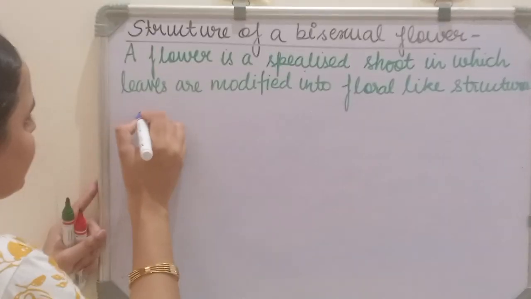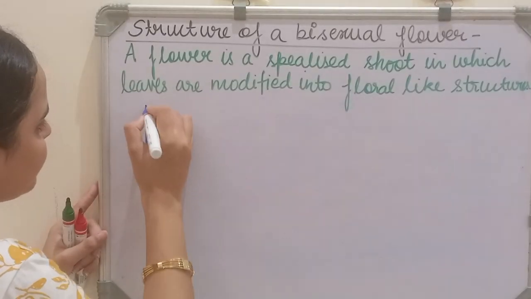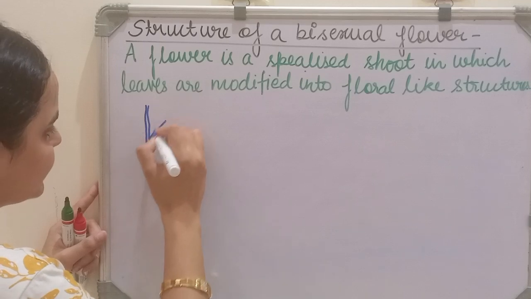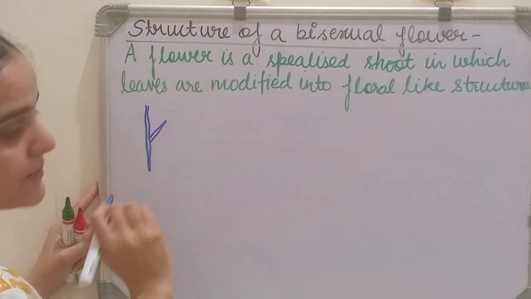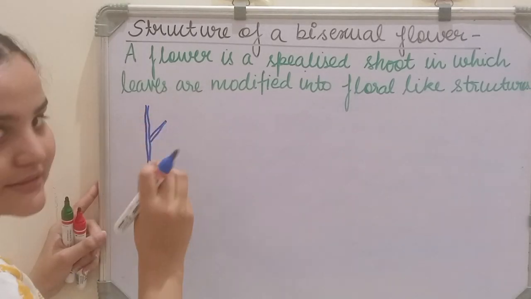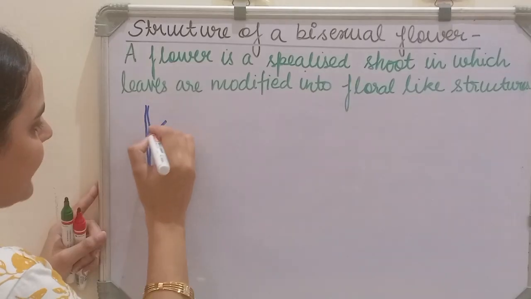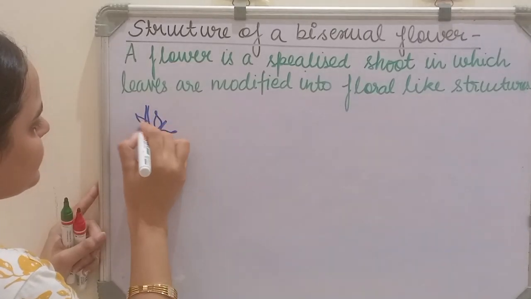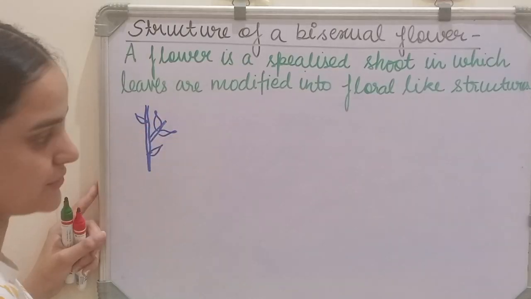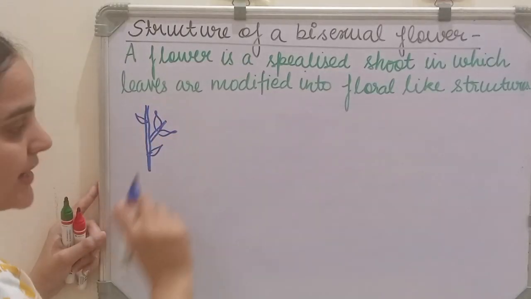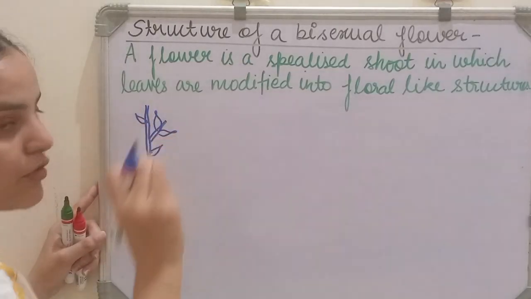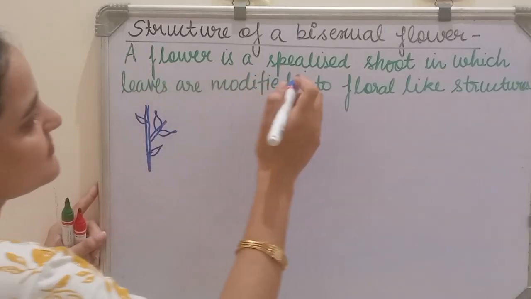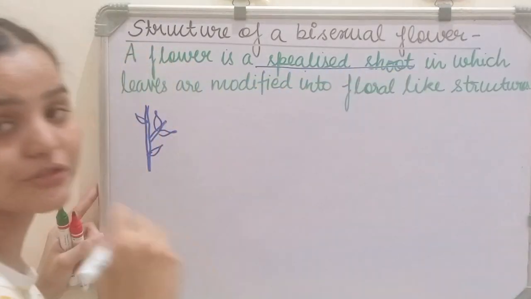See, this is the normal stem, and this is a normal branch which is coming out of this stem, and we have leaves attached on this stem also and on this branch also. So this is the normal stem, the normal branch and the normal leaf. Now in case of flower, we are studying that it is a specialized shoot.